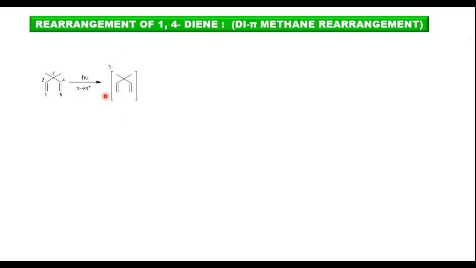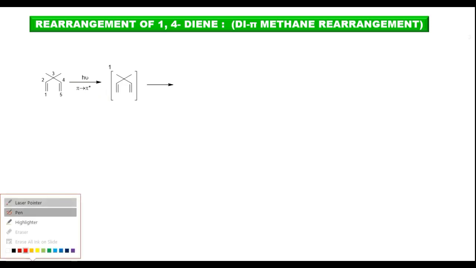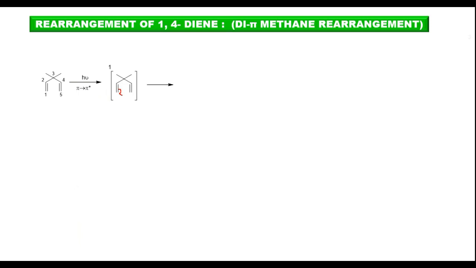Then, friends, you see what is happening here. This pi bond undergoes homolytic cleavage, and this pi bond also undergoes homolytic cleavage. After homolytic cleavage, this forms a radical here and a radical here, and also radicals here.